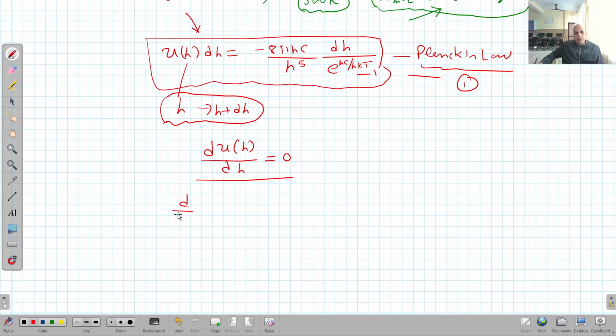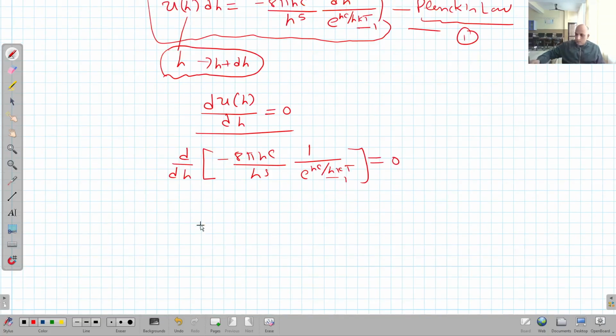It means d upon d lambda of bracket minus 8 pi hc upon lambda power 5 into 1 upon e raised to power hc upon lambda kT minus 1. So I put the value of u lambda here, that should be equal to 0. Now here 8 pi hc is constant, so I'm going to take it outside.